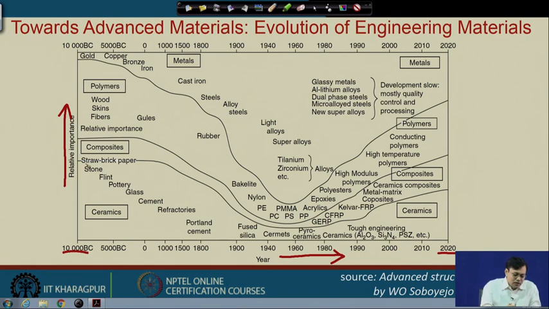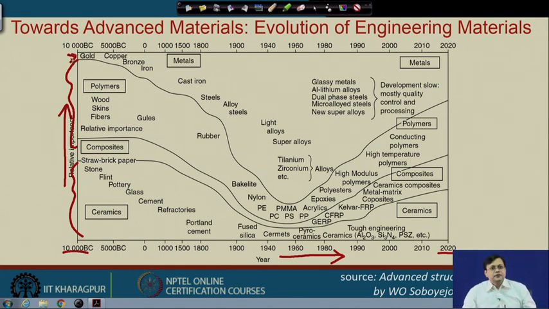You will see that during 10,000 BC, ceramic was very popular and polymer was very popular, except a very little part of gold that has been used. Throughout the different years, stone, flint, pottery, glasses, cement, refractories, Portland cement kept on being developed, and the relative importance also decreased during that period.